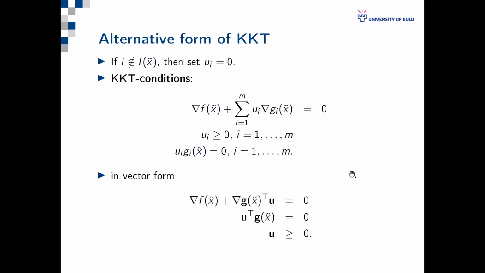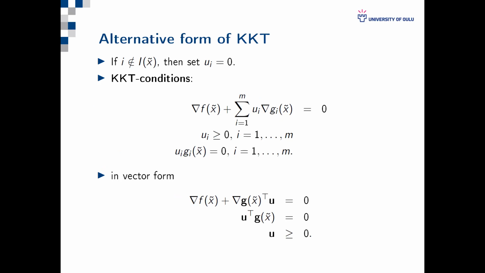So if i does not belong to the active constraints, I set u_i equals 0. So the form we use, where we use these Karush-Kuhn-Tucker conditions, is as follows. Suppose x tilde is a minimum point.